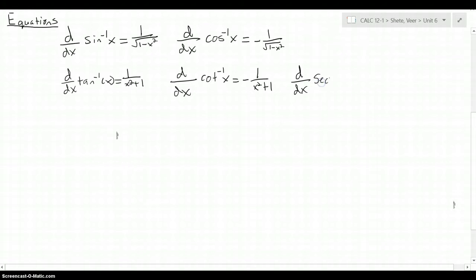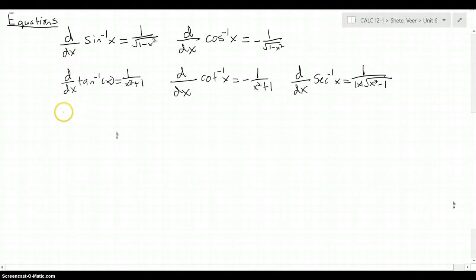Secant, inverse, or arcsecant, is equal to 1 over the absolute value of x times root x squared minus 1.